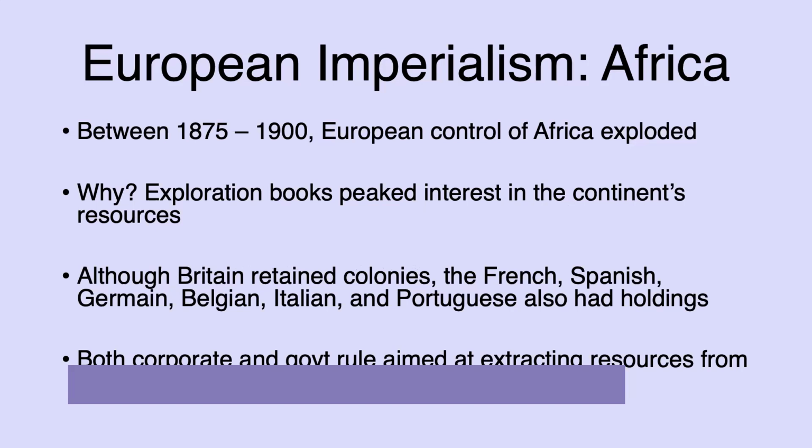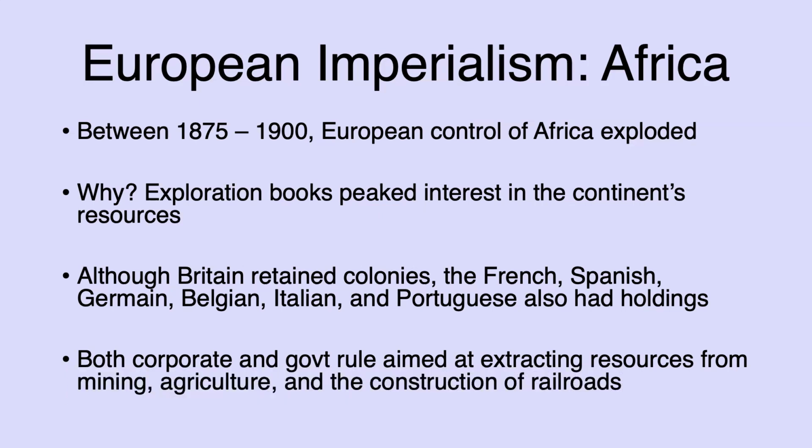So it is essentially every European power manages to gain a hold of a portion of Africa to establish imperialist colonies. And there are both corporate and government rules that are aimed at extracting resources from mining, agriculture, and the construction of the railroads.